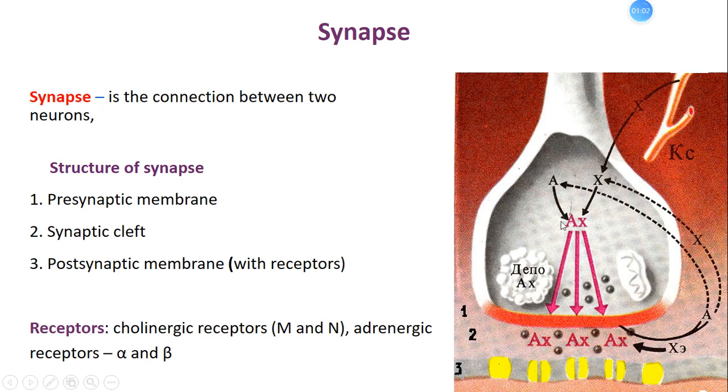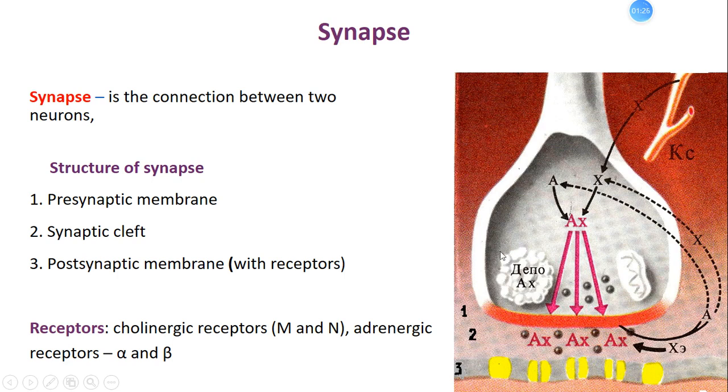Here this one is the presynaptic neuron. Axon ending, axon terminal, and here the presynaptic axon terminal has a definite intact membrane. It's called presynaptic membrane.